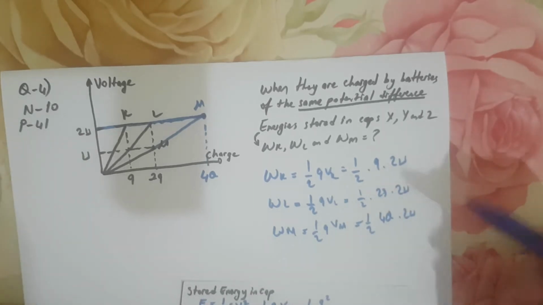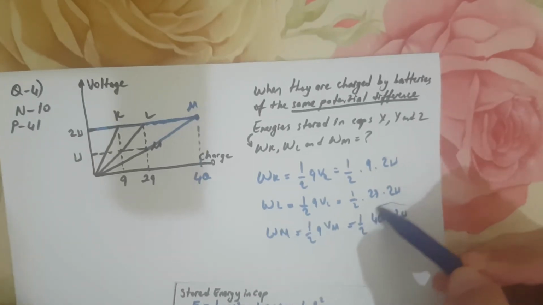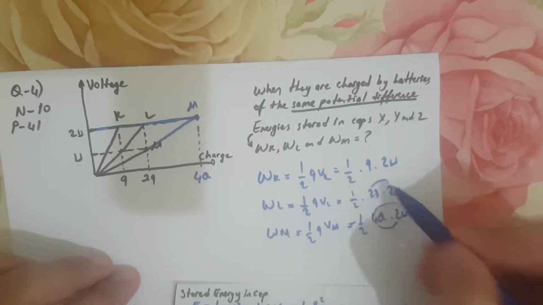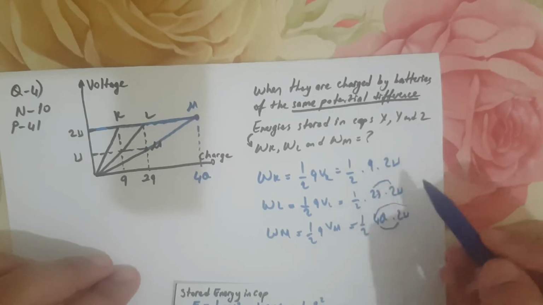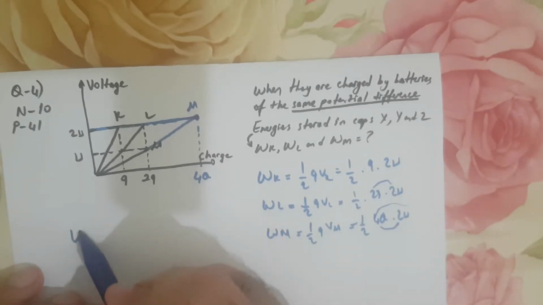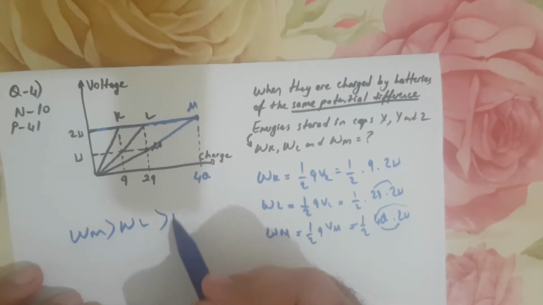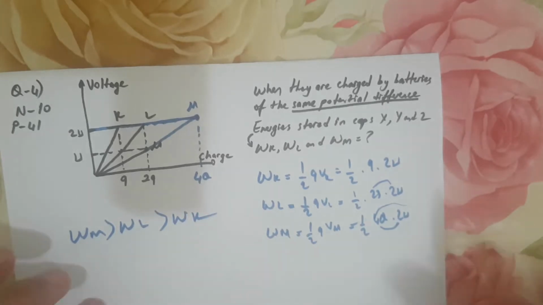So when you calculate that, 4 times 2 is 8, 2 times 2 is 4, 1 times 2 is 2, so the biggest one is VM, and then VL, and then VK. I hope it's useful.